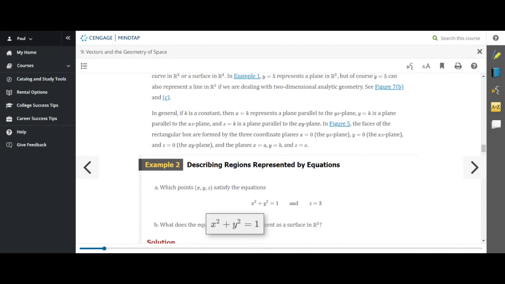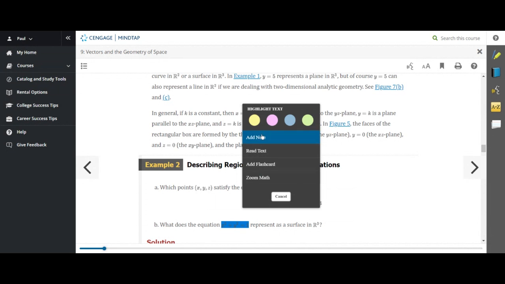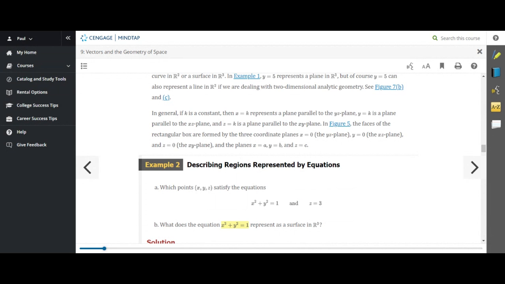What does the equation x squared plus y squared equals 1 represent as a surface in R cubed, in three-dimensional space? Well, normally when you see x squared plus y squared equals 1 in two-dimensional space, what is that?